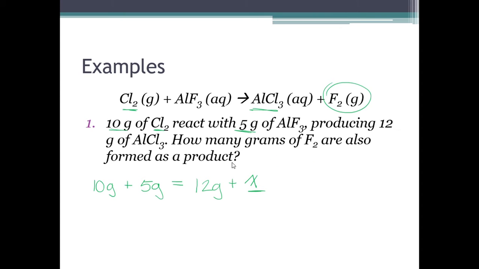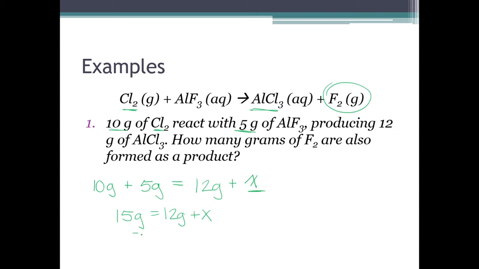Because we know that if we started with 10 plus 5 is 15 grams of reactants, we have to end with 15 grams of product. We just have to. So then 10 plus 5 is 15 is equal to 12 grams plus X.